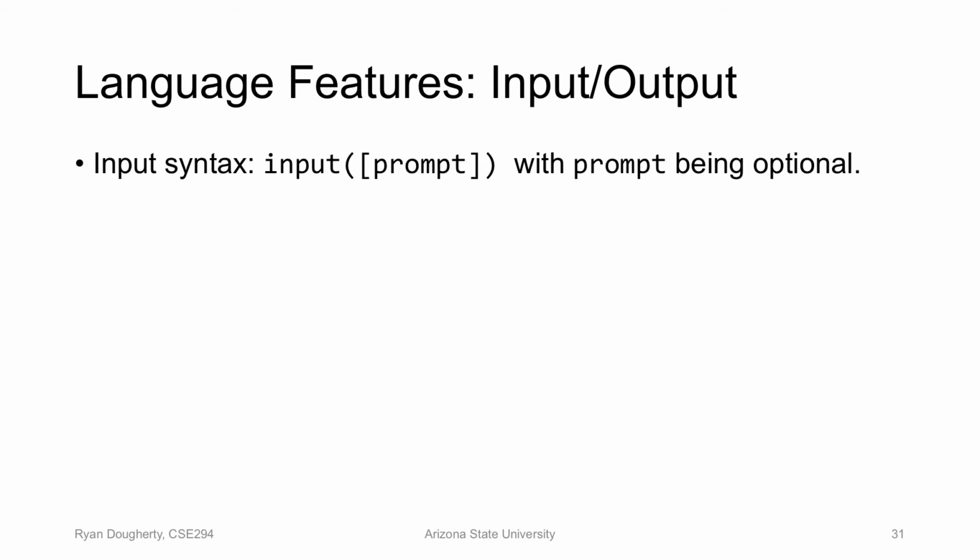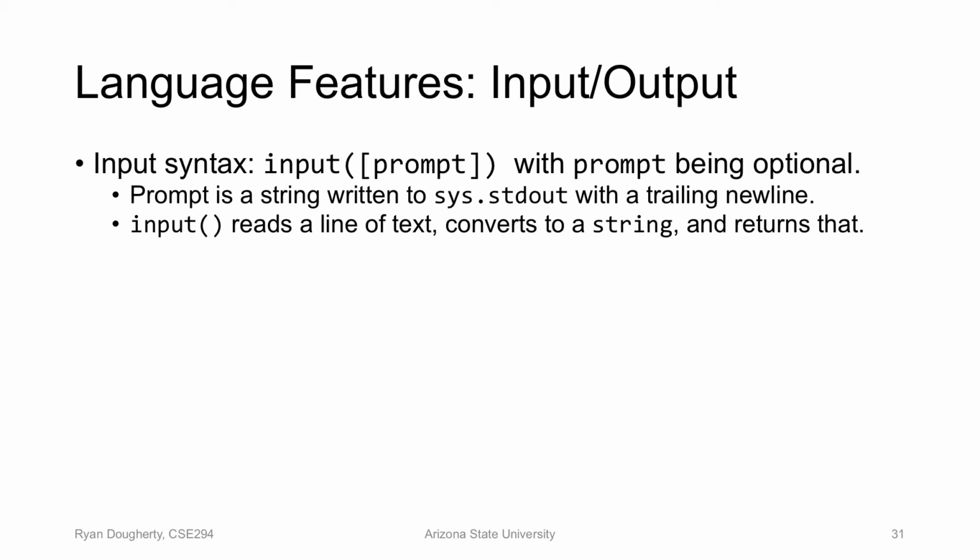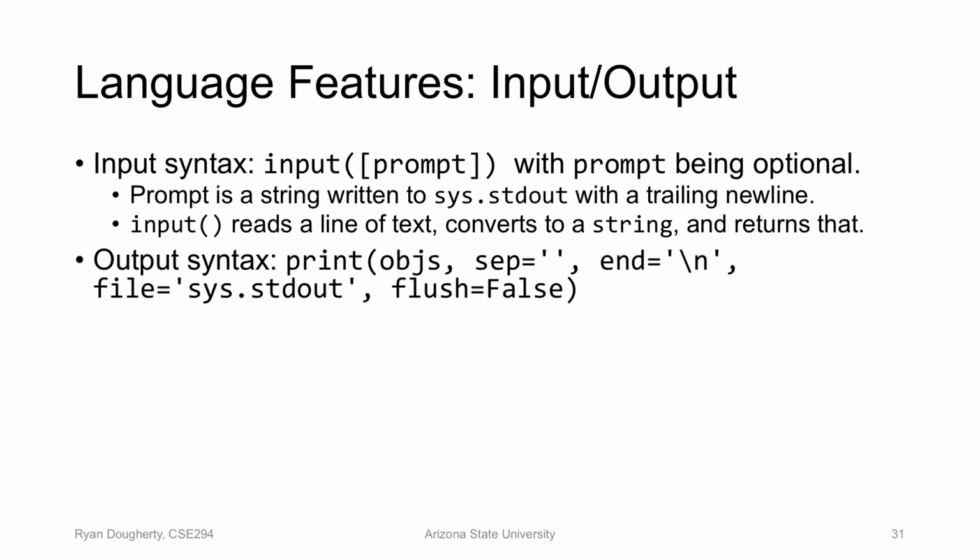We also talked about input and output. So input just takes input from the user, so standard in, and if you want, you can write a prompt which prints to stdout, just like how print works. It takes a line of text and returns a string for you based on what was given via standard in.